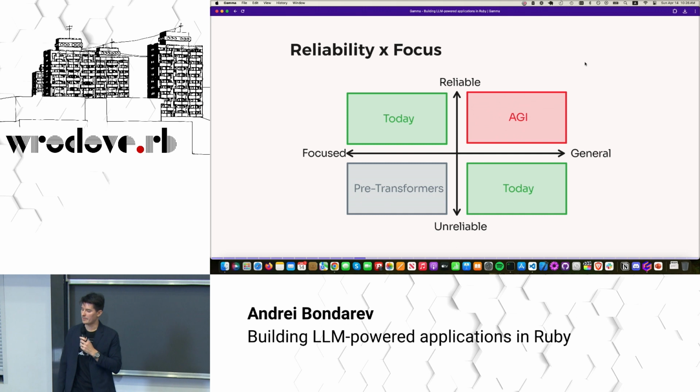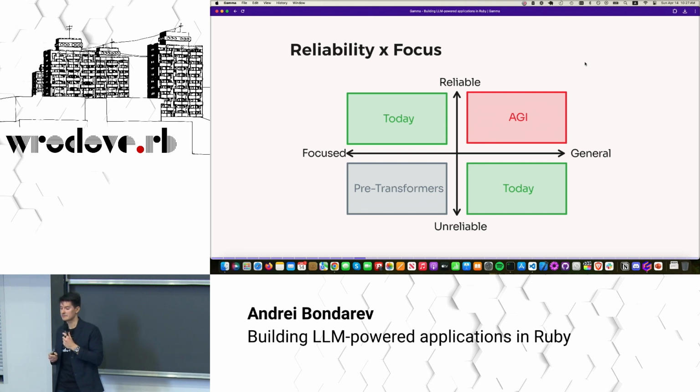So if you look at this chart, on the x-axis, we have a focused agent, so maybe a single task or dual task agent on the left-hand side, and a general purpose agent towards the right side.